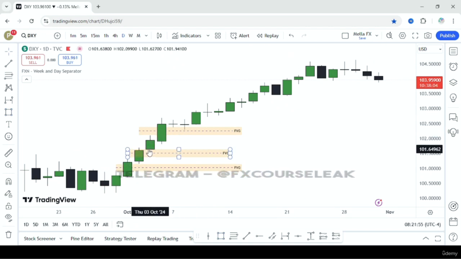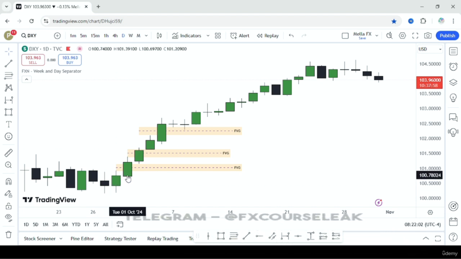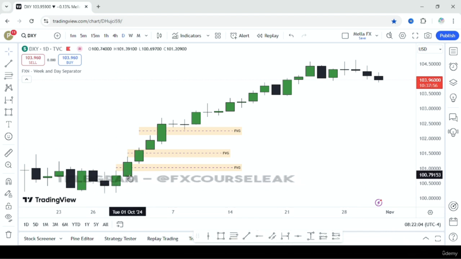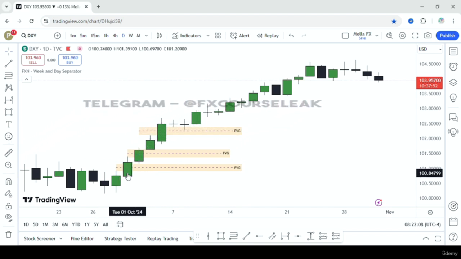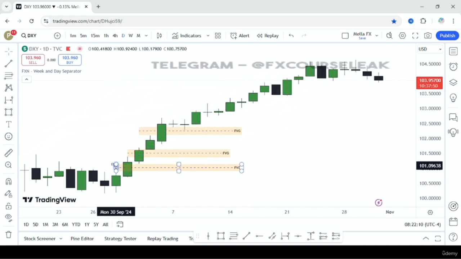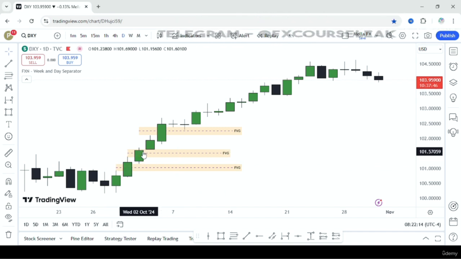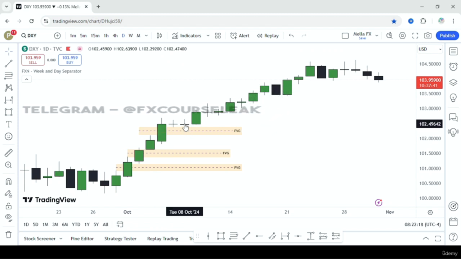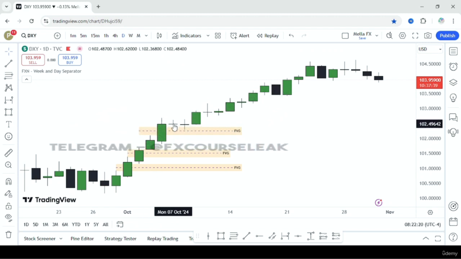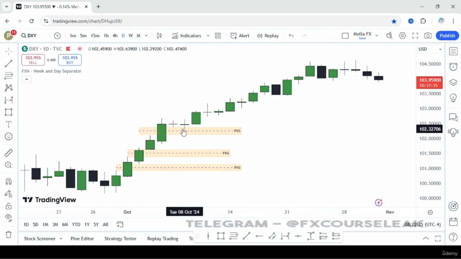So a fair value gap is when we have, like here, the first candle which overlaps with the second candle, and the third overlaps with the second, and then it leaves an imbalance. Then the market may move further away, or in this instance, after immediately forming the fair value gap, it comes immediately and retests.